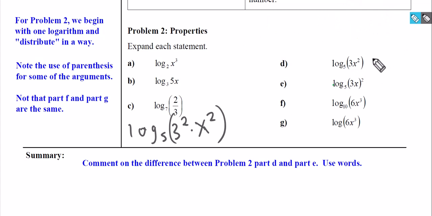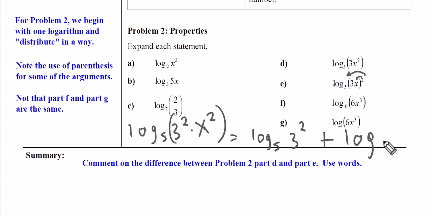Okay, this is an algebra 1 idea. This is a pre-algebra idea. On part E, the 2 is on the outside of the parentheses, so I'm going to put it on both, and that's what I did right here. Now I have 2 terms, and they're multiplying, so I could rewrite this as log 5 3 squared plus, because multiplication is addition, log 5 x squared.